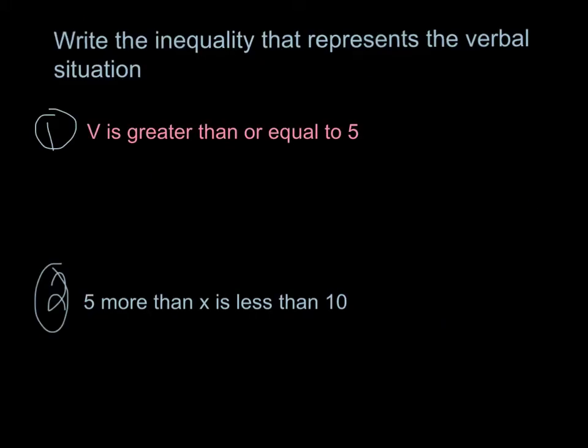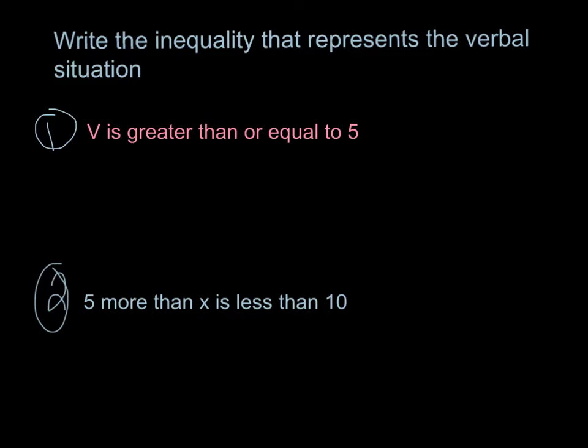Okay, so the first thing that we're going to do here is actually write an inequality that represents the verbal situation. Remember when we very first started off the year, we were taking word phrases and putting them into algebraic expressions. That's pretty much the same thing we're doing here, except we're taking a word phrase and putting it as an inequality. So first thing we want to look for is where our inequality symbol is going to go.